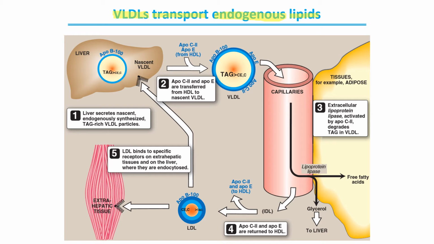Those are the ones we called endogenous, and the ones that we eat in our diet were exogenous, as you saw in the previous slide. So in the liver is this VLDL molecule going to be prepared. It has got one protein on its surface, ApoB100, and it goes out of the liver.